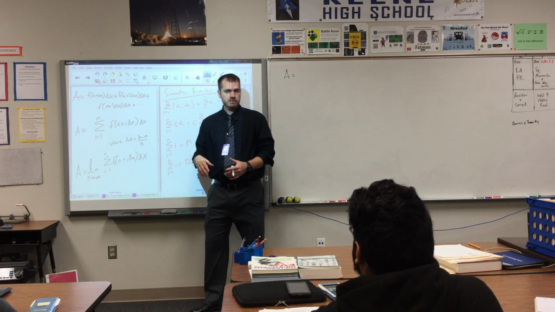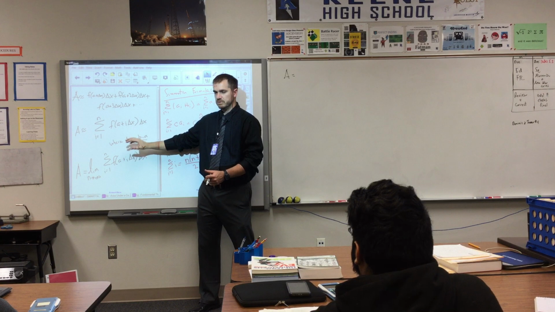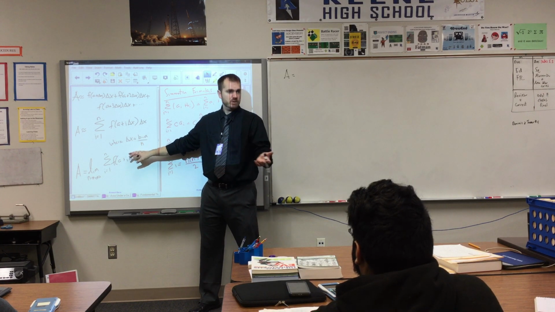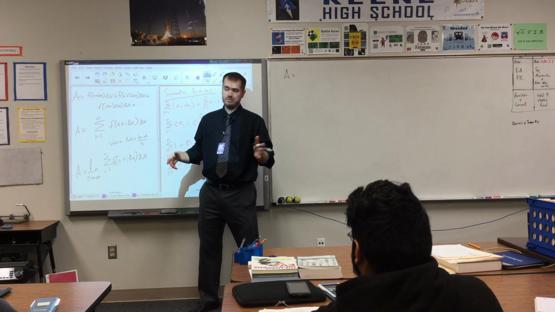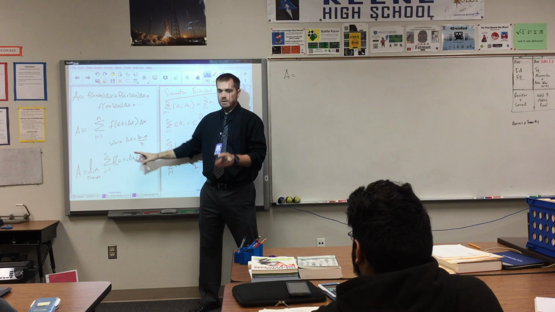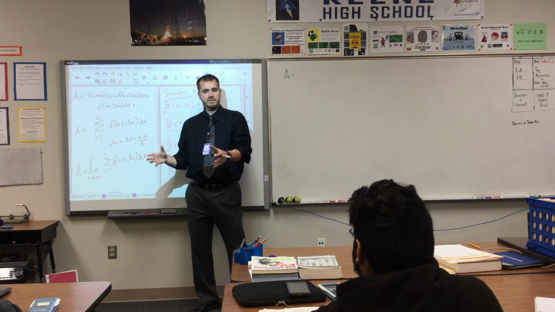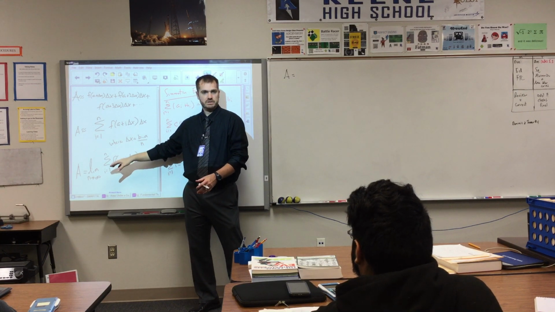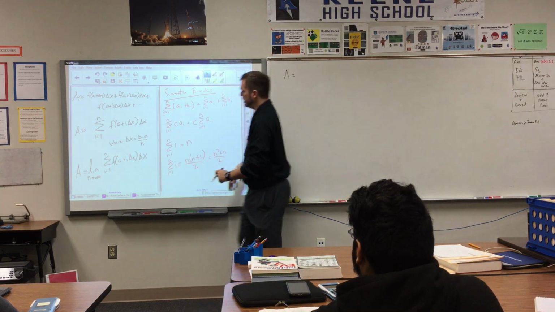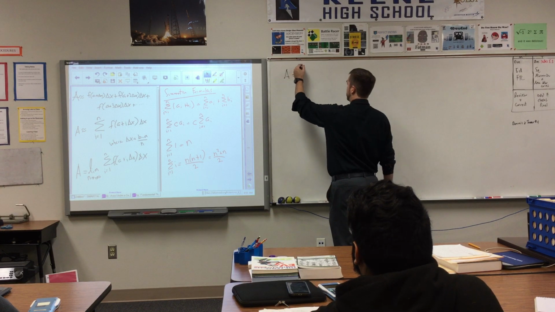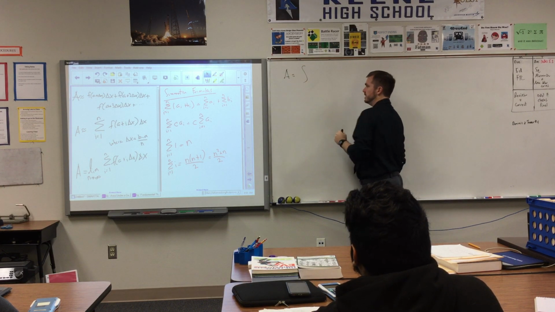If I said what is the summation for 1,000 rectangles, or even for 1,000,000 rectangles, that would be an approximation. But when I say what is the limit as the number of rectangles approaches infinity, then we're going to get the exact answer. Okay? And that answer can be written like this.